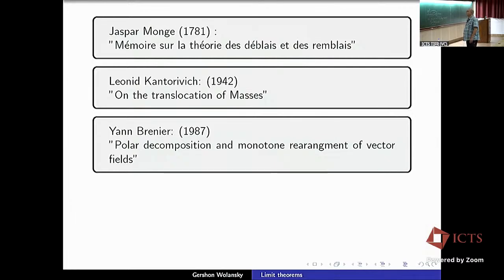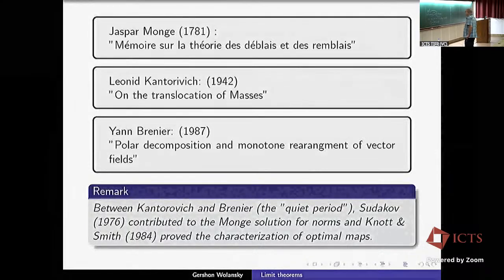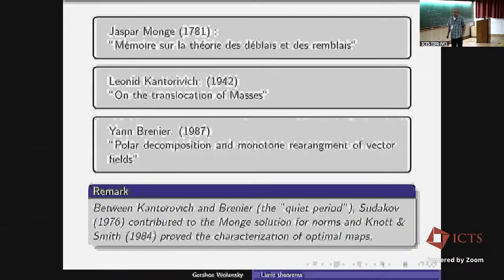The paper, Polar factorization and monotone rearrangement of vector-valued functions, was really a breakthrough, and from this time on, there has been exponential growth of material. I think there are tens of thousands of papers published related to this field. But it's not precisely true, because between Kantorovich and Brenier, which we call the quiet period, there was some prominent contribution.